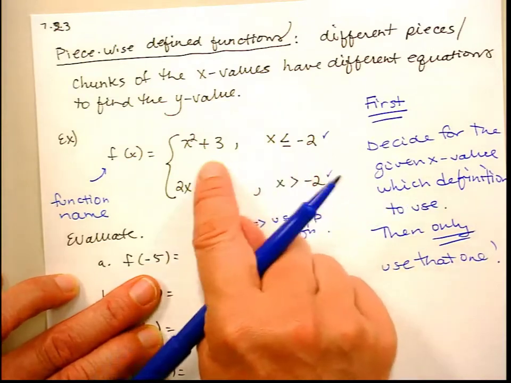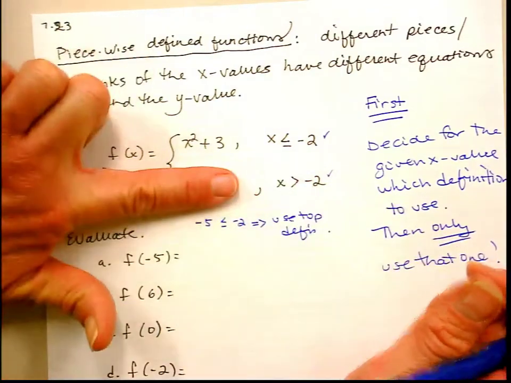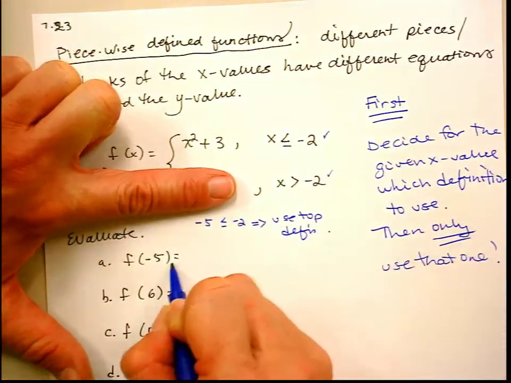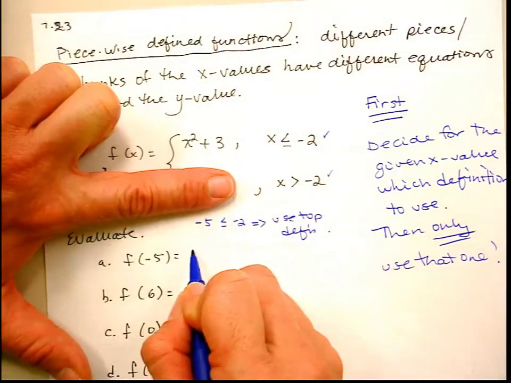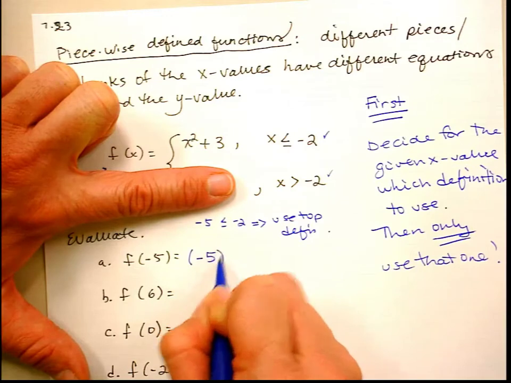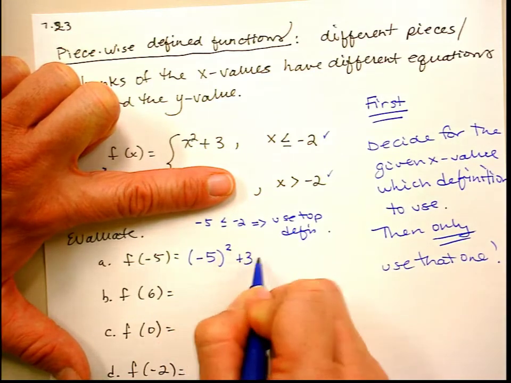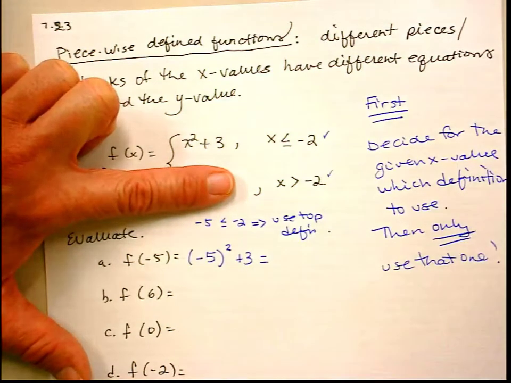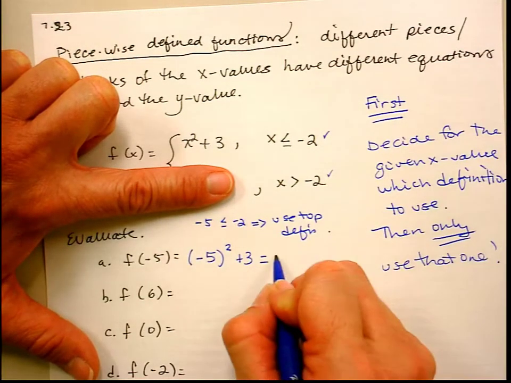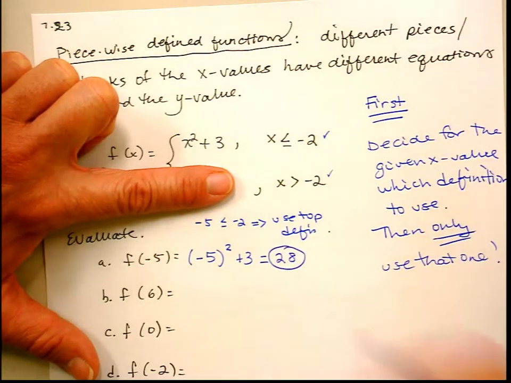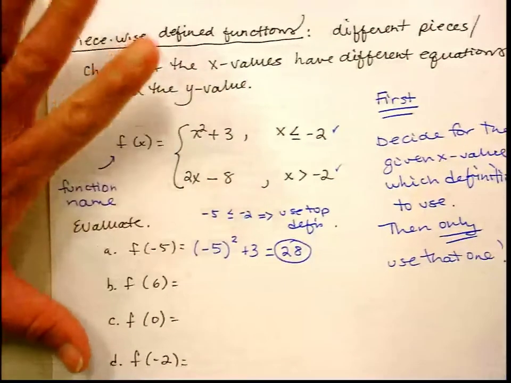So we ignore the bottom one. For x less than or equal to -2, whatever you give me, I'm going to square and then add 3. So -5 squared is 25, plus 3 is 28. And then you stop.